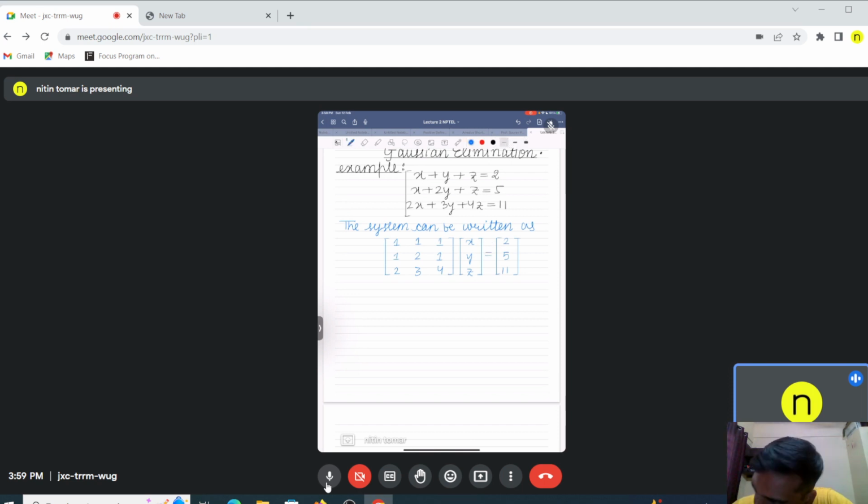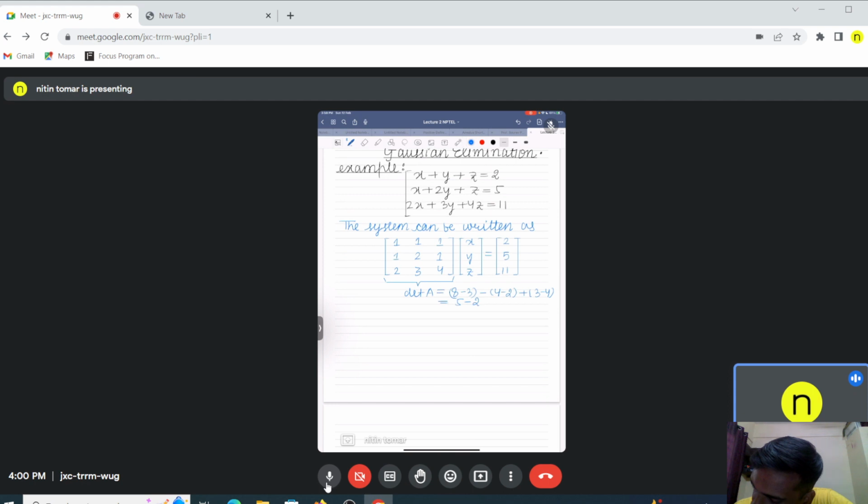So is this matrix invertible? I'm just computing the determinant to check, okay? You have to find rank also.